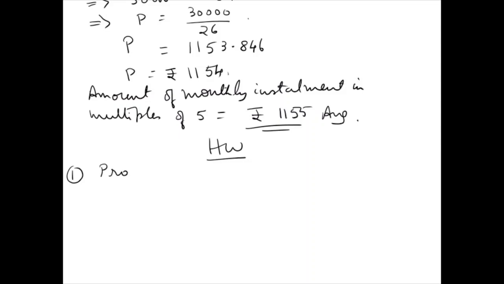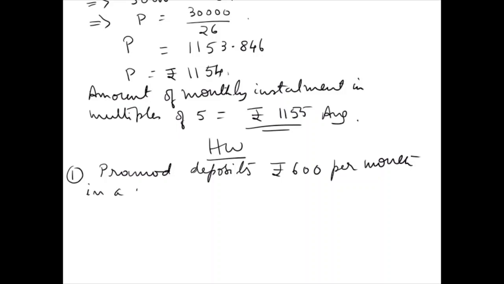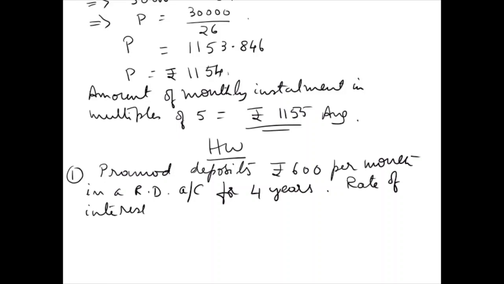Pramod deposits rupees 600 per month in a recurring deposit account for 4 years. Rate of interest is 8% per annum.